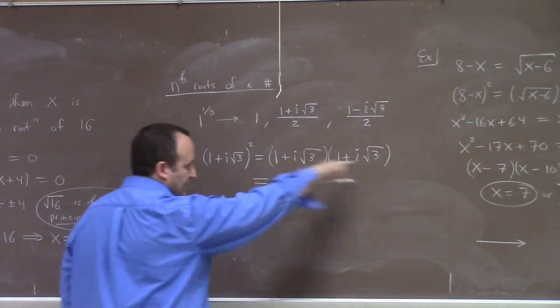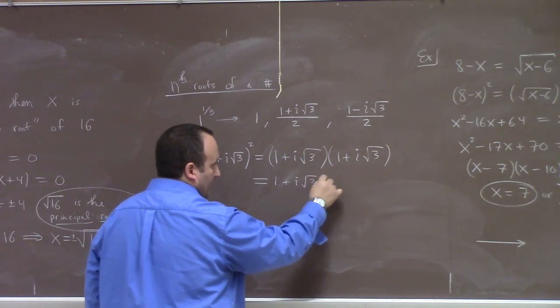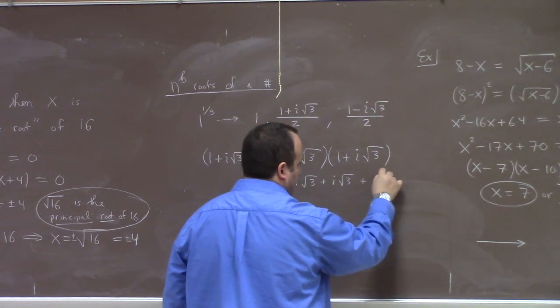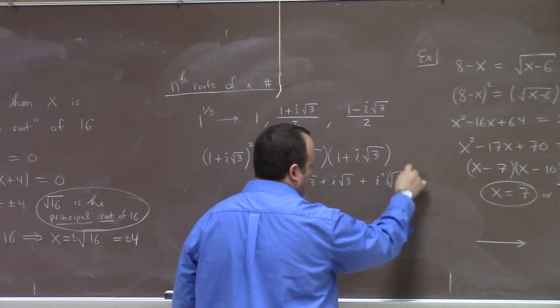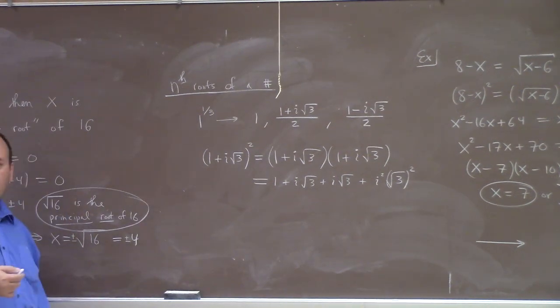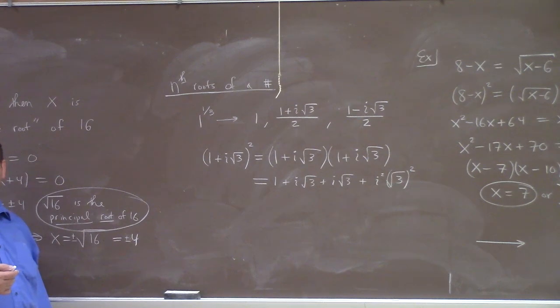So we just multiply like usual. It's 1 plus I root 3 plus I root 3 plus I squared times the square root of 3 squared. So you guys can tell me, what's the square root of 3 squared? 3, right?